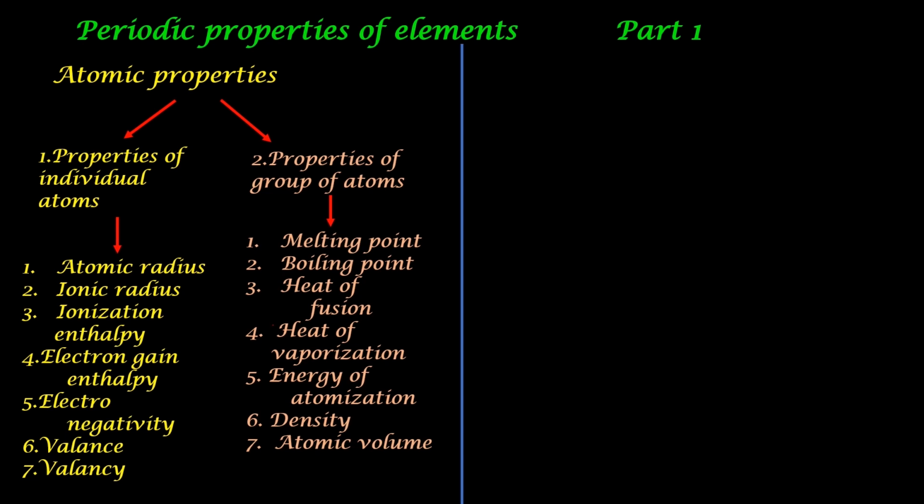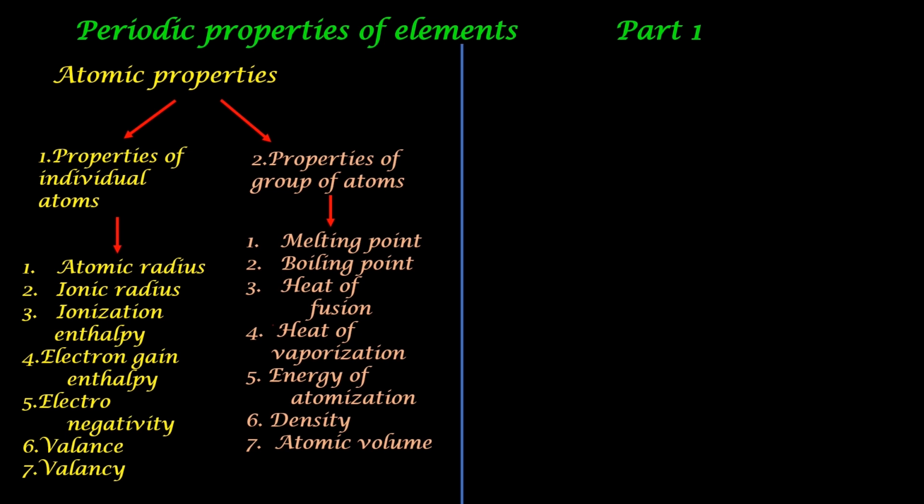Okay, the first property, melting point, that is, the temperature at which the substance melts, that is, the solid gets converted to liquid. Second one, boiling point, which is the temperature at which the liquid starts boiling and gets converted to vapor state. Third one, heat of fusion. What is heat of fusion?